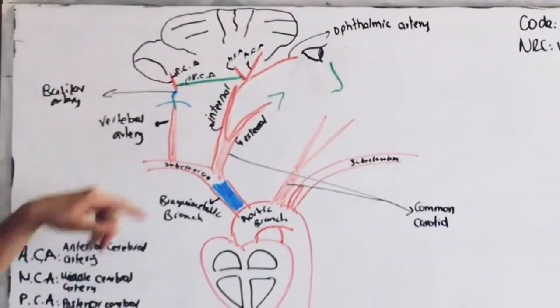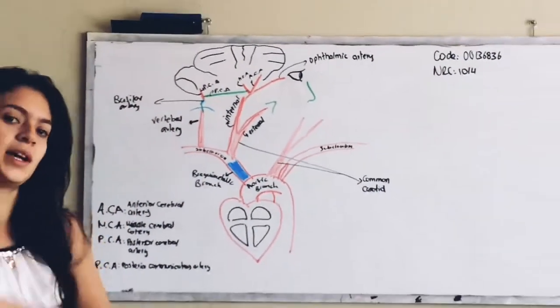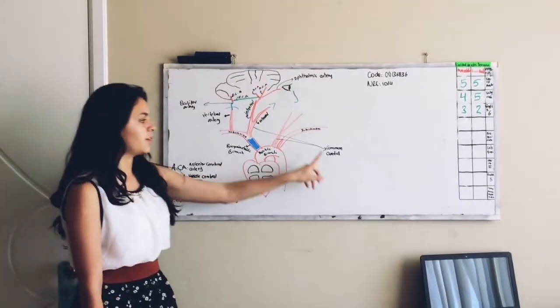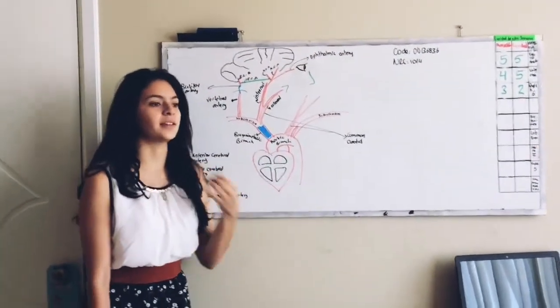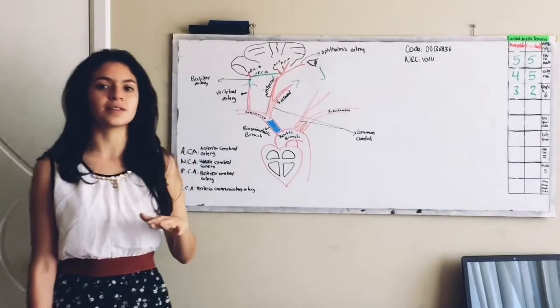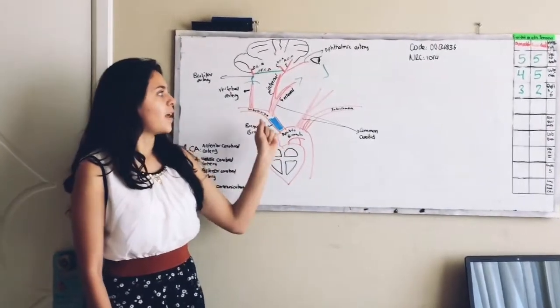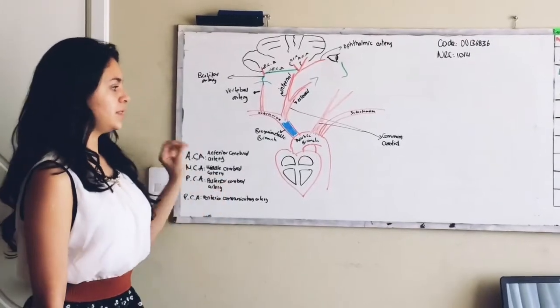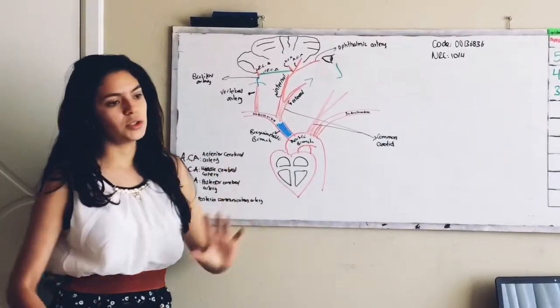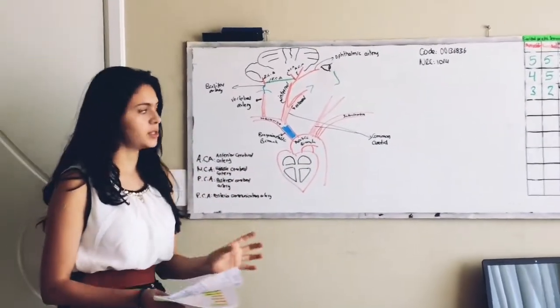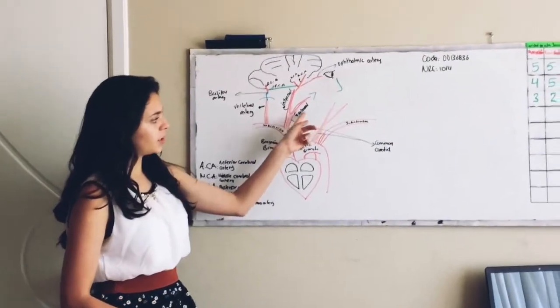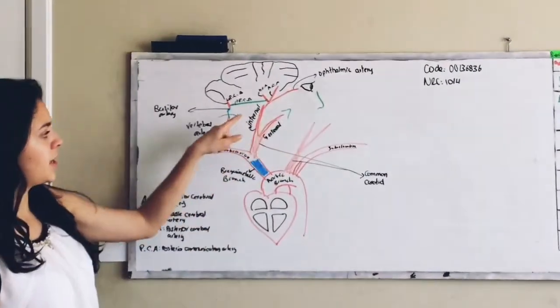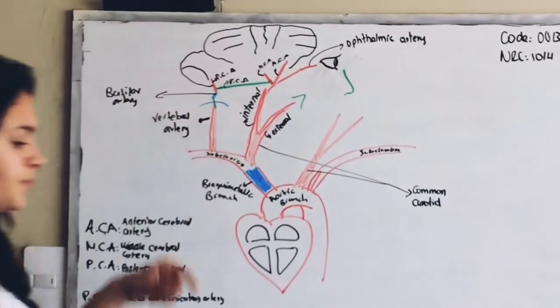So the subclavian is going to irrigate all the arm, and the common carotid is going to irrigate the neck, the face, and the head. It's important to know that the common carotid is going to divide in two branches, the external carotid artery and the internal carotid artery.